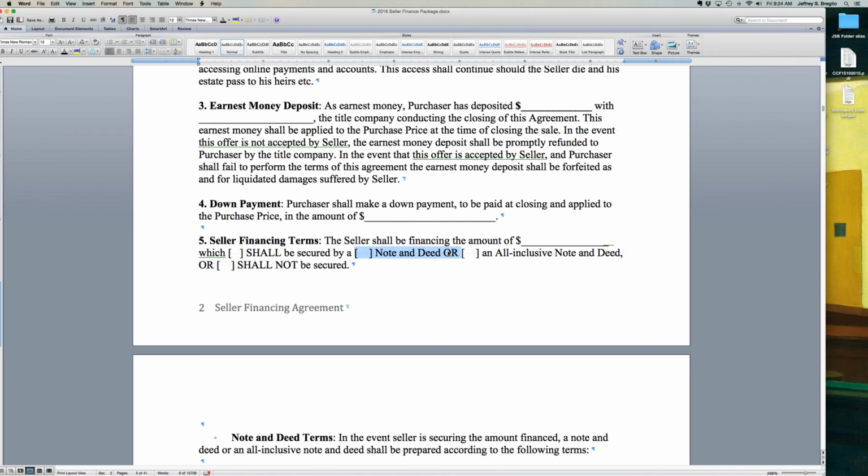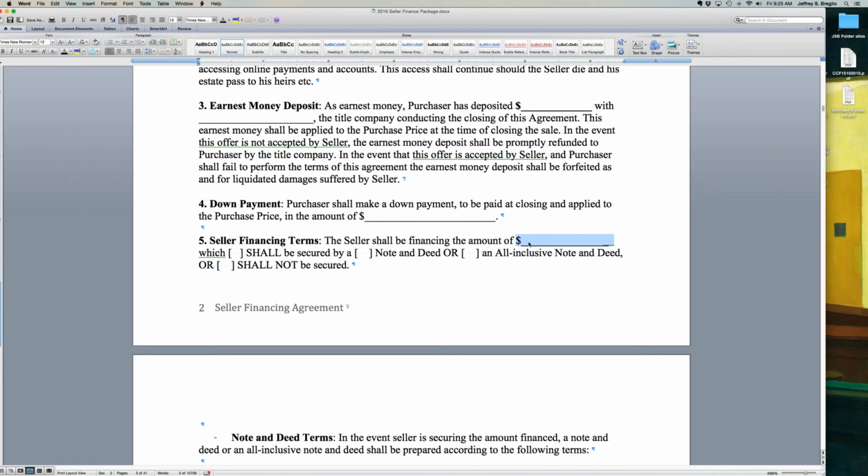You'll use a note and deed in a true seller financing situation. Why? Because there's no underlying mortgage, so it's just a regular old standard promissory note and trust deed. If there is an underlying mortgage that you're taking it subject to, that's a wrap, and then you're using an all-inclusive. So it's one or the other, and it's really not that hard. Anytime there's an underlying mortgage, you use an AITD, that's this one. And if there's no underlying mortgage, you use that one, okay?